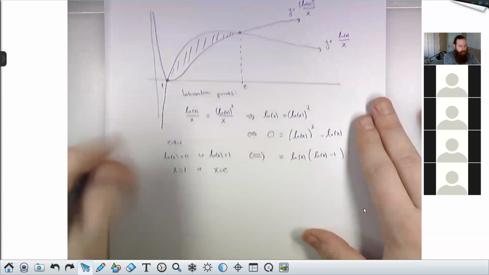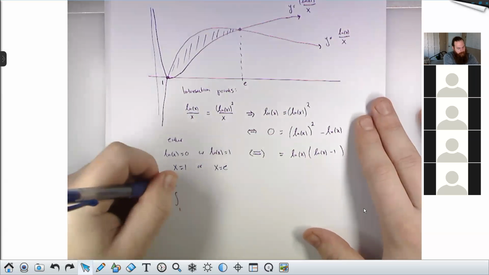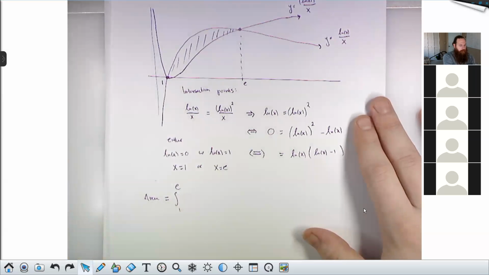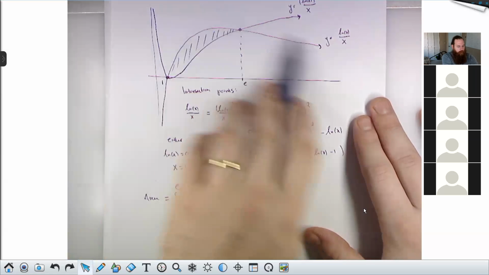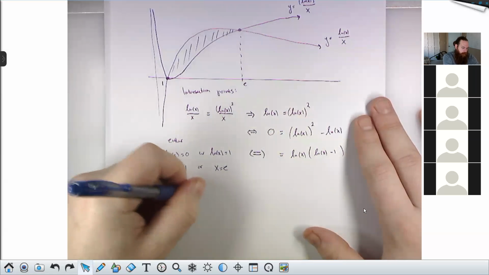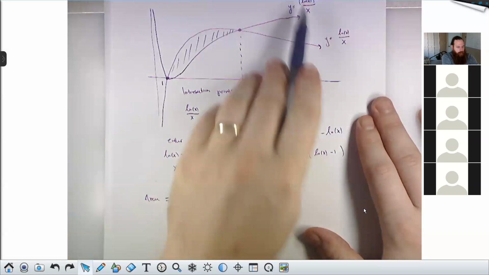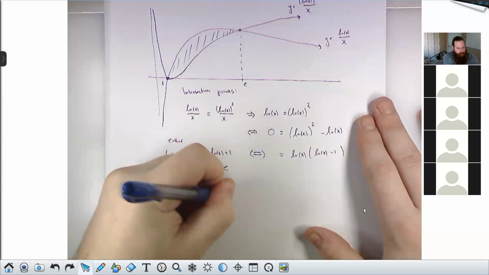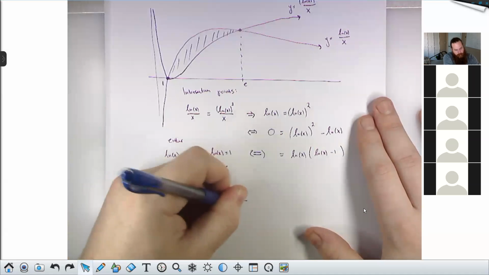So my integral, the area, is going to be the integral from 1 to e of my upper minus my lower. Everywhere in this region, the curve ln x over x is my upper, and ln of x all squared over x is my lower.